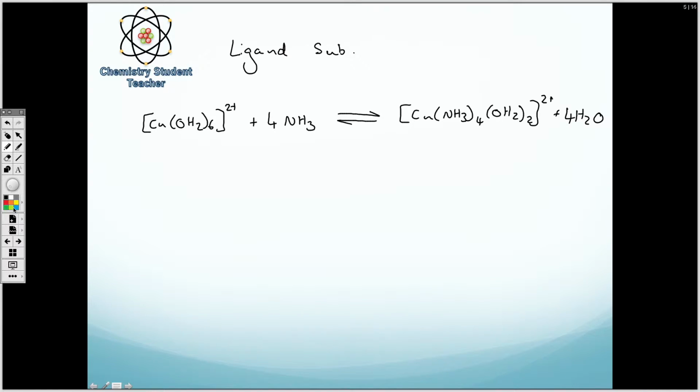And there's colours associated with this. So this copper complex here is pale blue. It's a pale blue solution. Whereas this amine and aqua complex is a dark blue solution.